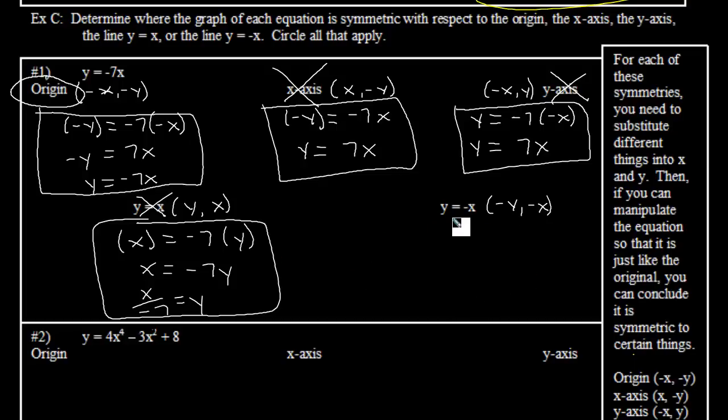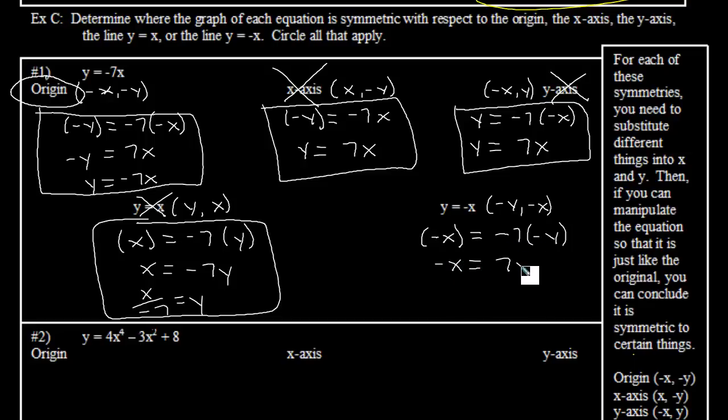For y equals negative x, you read it left to right, you're saying negative x goes in for y. If you read it right to left, but first get x by itself, it would be saying x equals negative y. So in for x is negative y, in for y is negative x. So I substitute this in, negative x for y, negative y for x.